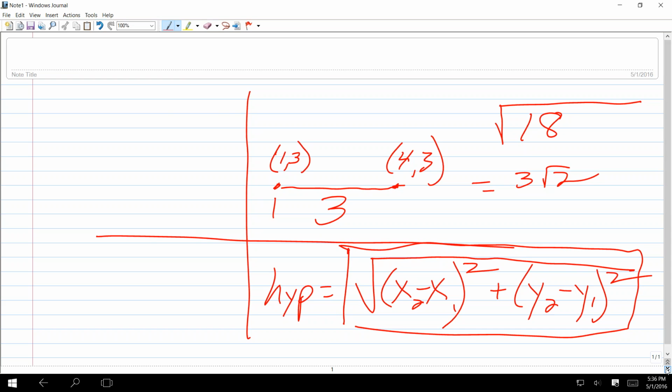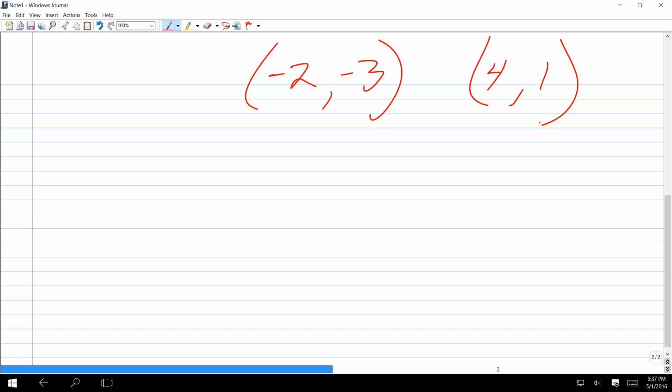Okay, let me give you a test. What is the distance between these 2 points? Okay, so it's 36.